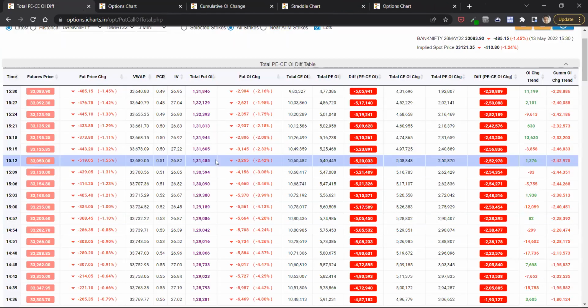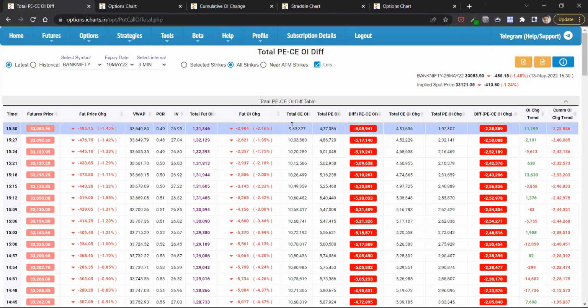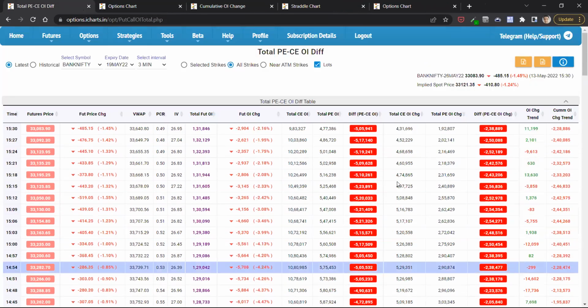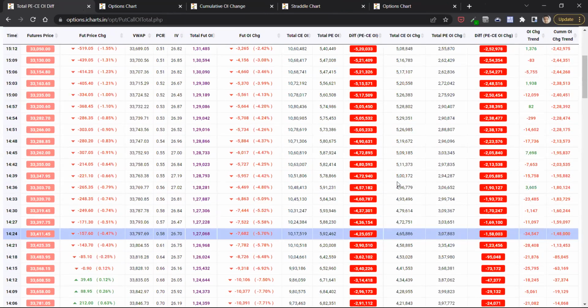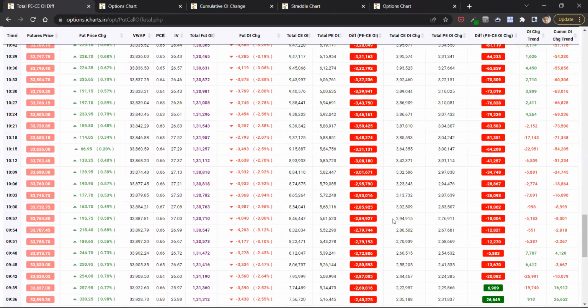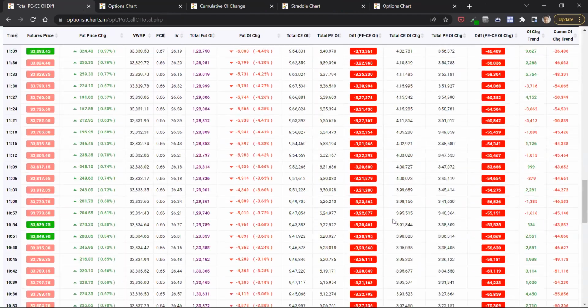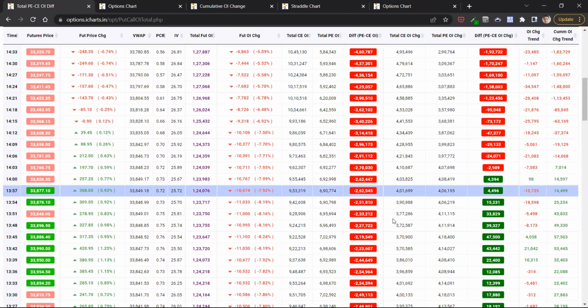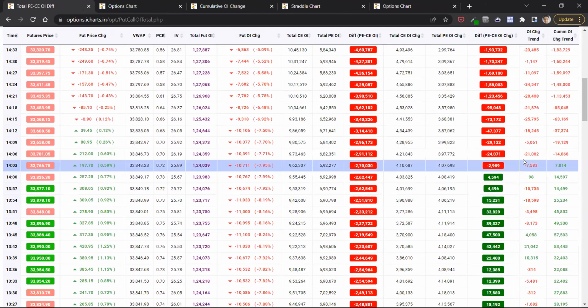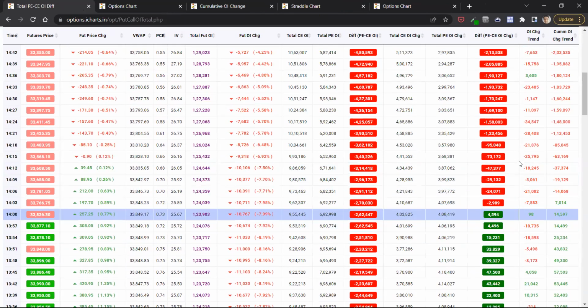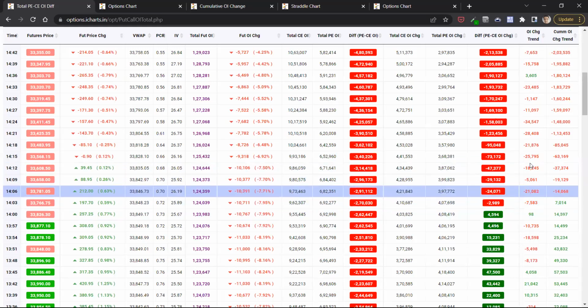Okay. Any doubts about total PECOI? We'll discuss in depth next week probably, once we add these percentages and the other chart, maybe this week or maybe next week. Until that time, this is what you need to look at visually. The real panic sets in when you see unwinding, when this goes negative and you see unwinding on the put side.